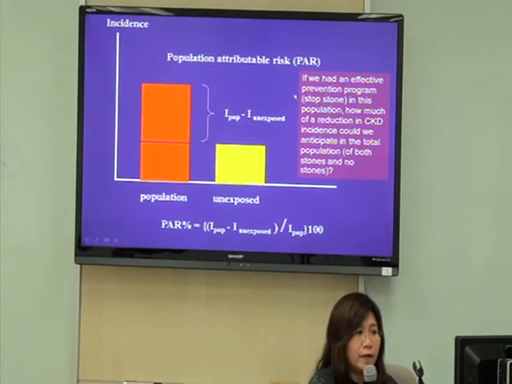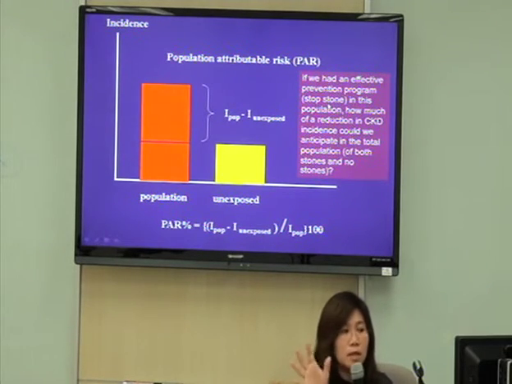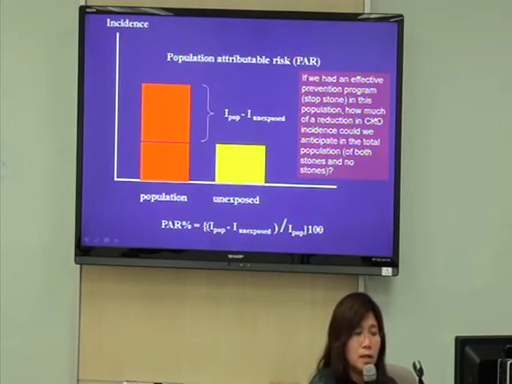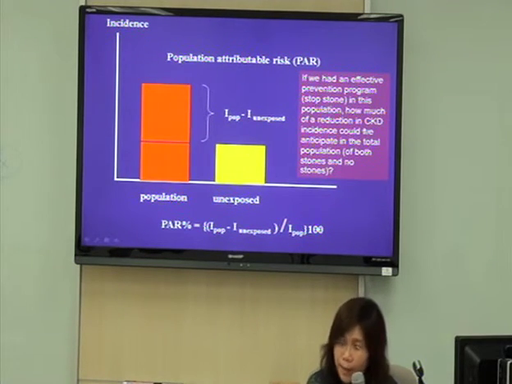If we have an effective prevention program that can remove, in this case, exposure to kidney stone from the population, how much reduction in chronic kidney disease incidence could be anticipated or expected in the total population?